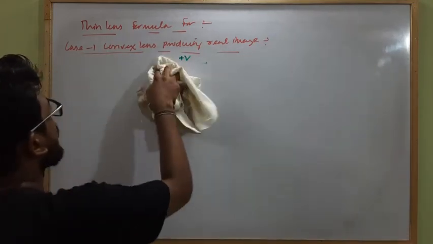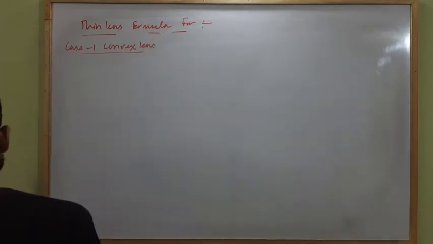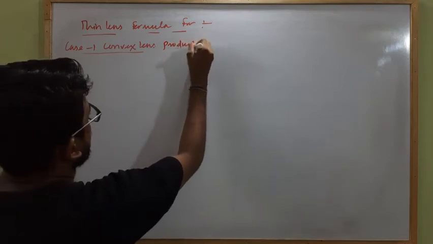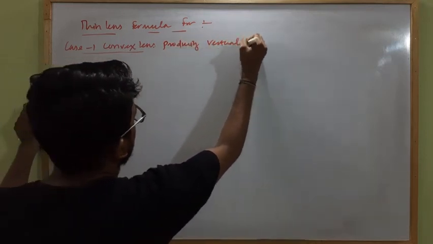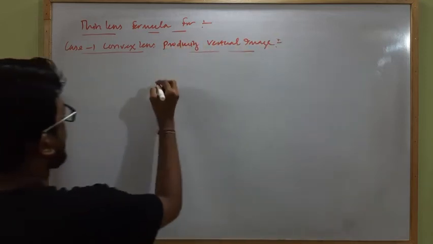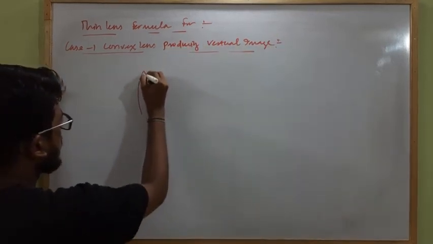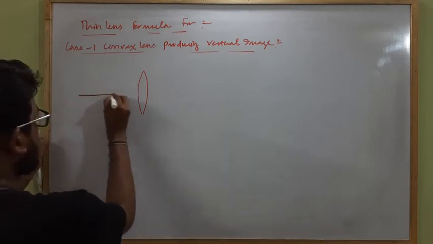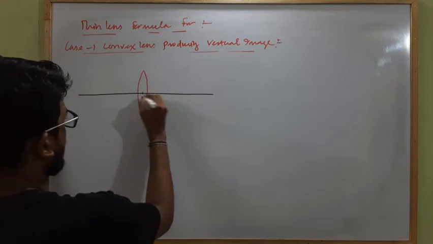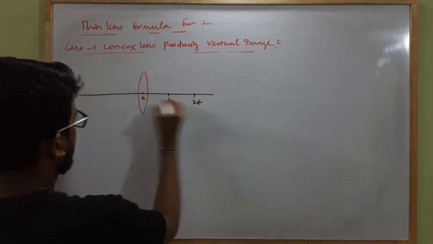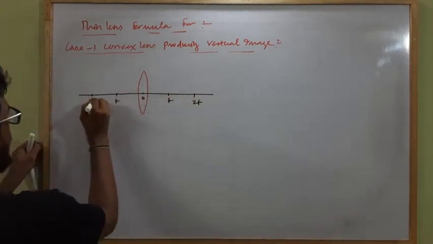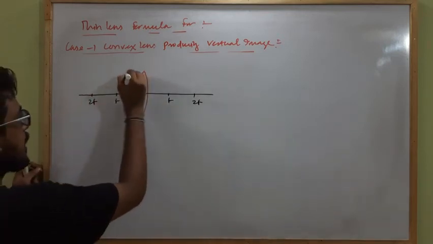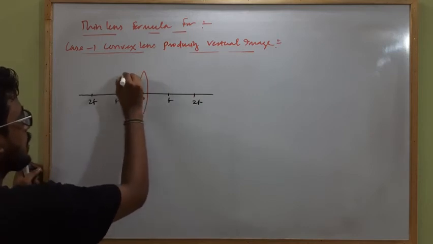Next case is the convex lens producing virtual image. Okay, so this is the convex lens. Let this be the principal axis, with O, F, 2F, F. The image will be virtual and direct when the object lies between focus and pole like this.